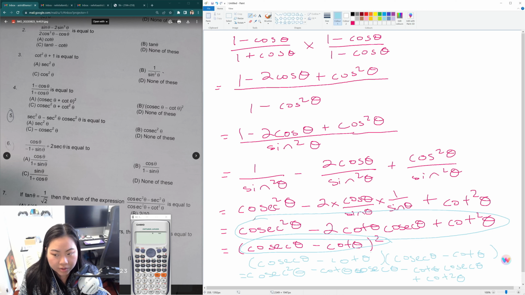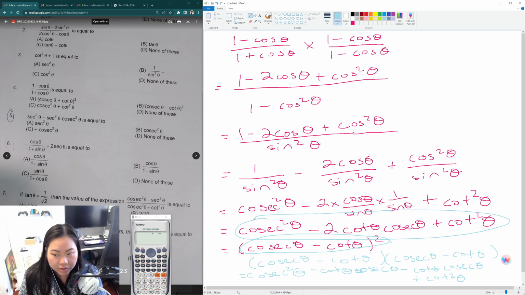I know that there's a squared at the front and another squared at the back, so the middle is going to be 2 times the one at the front and the one at the back. So 2 times cosec theta times cot theta. And I saw that I could get cosec theta and cot theta from this. And there's a 2. That's also a very indicative sign that it's the middle value of the expansion of a quadratic.